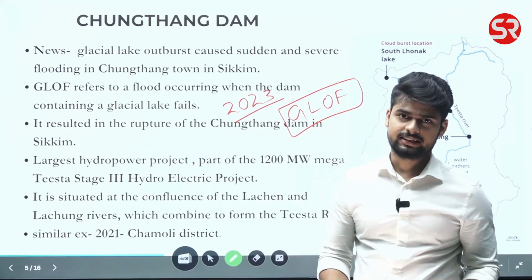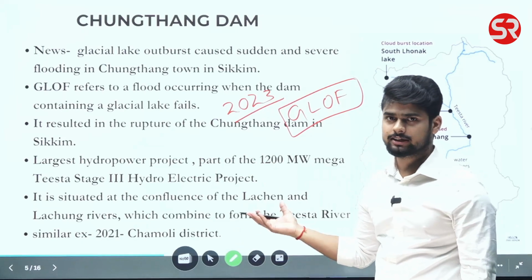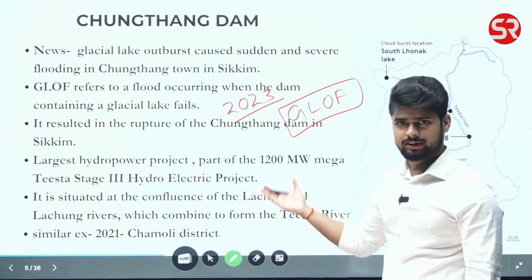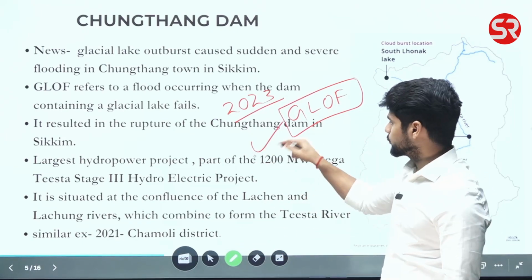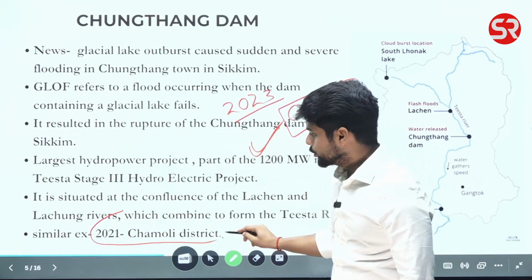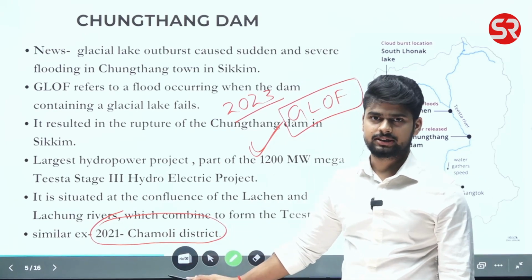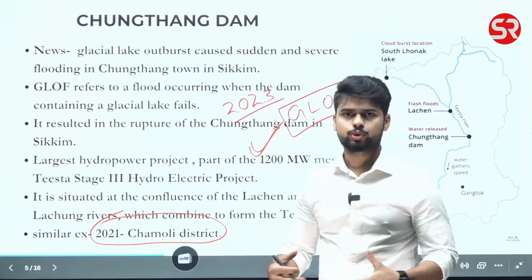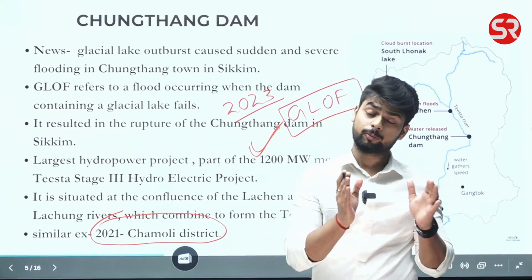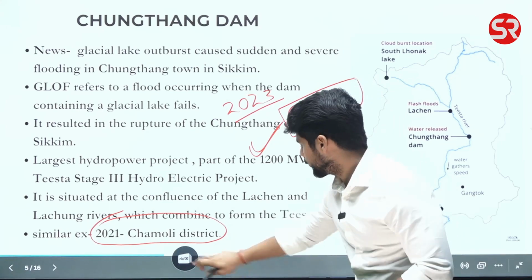Obviously Himalayan states. And we are perhaps seeing this in these incidents. One is what has happened recently. Another prominent example is in the year 2021, when a similar incident happened in Chamoli district. So these are the things which you need to keep in mind, both for prelims as well as mains point of view. Now let's go ahead.